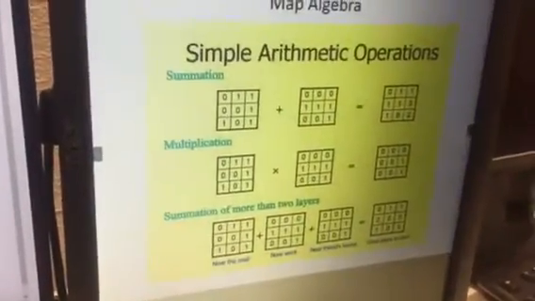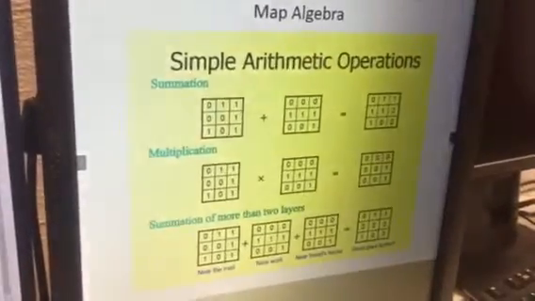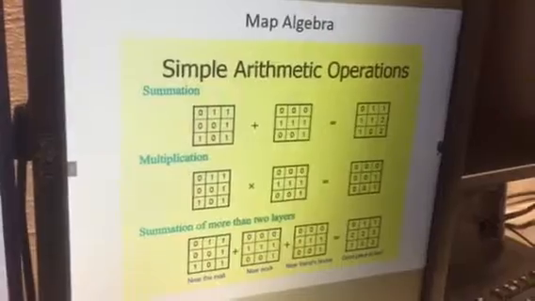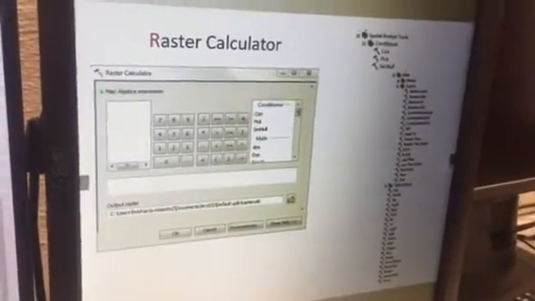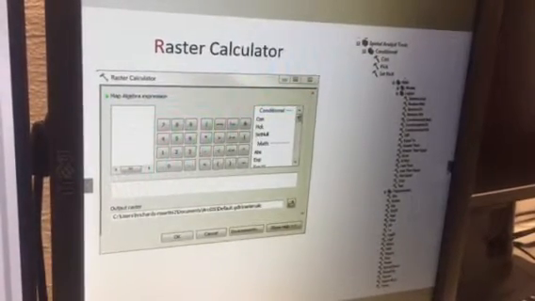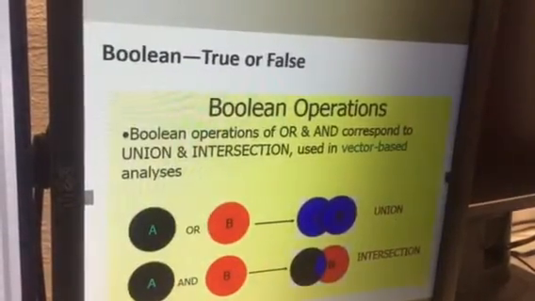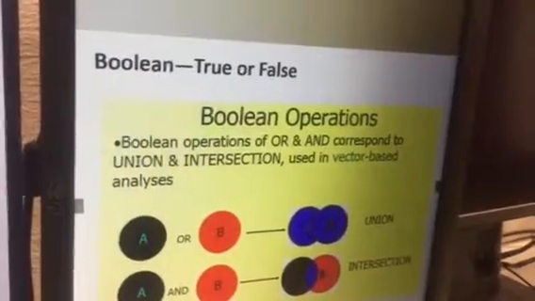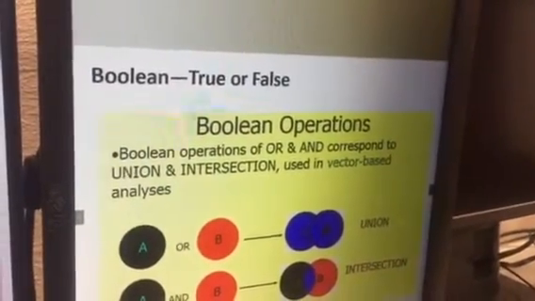Then we need to do the map algebra again, related to summation, multiplications, summations of more than 2 layers, and the raster calculator to find a value, as well as, at the end, to decide the true or false value by using the Boolean operation.